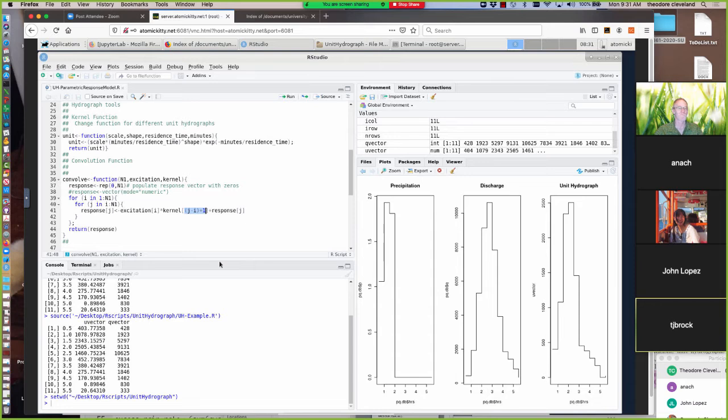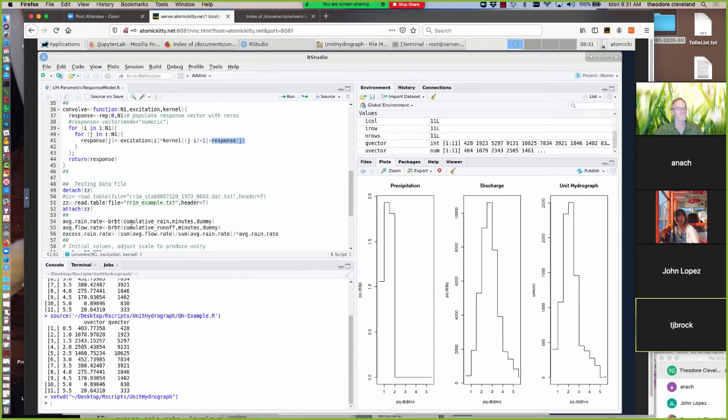So it's time minus tau. And then we take any value of response that was there, and we add it to the computed convolution in the sign vector response. So that's our convolver.